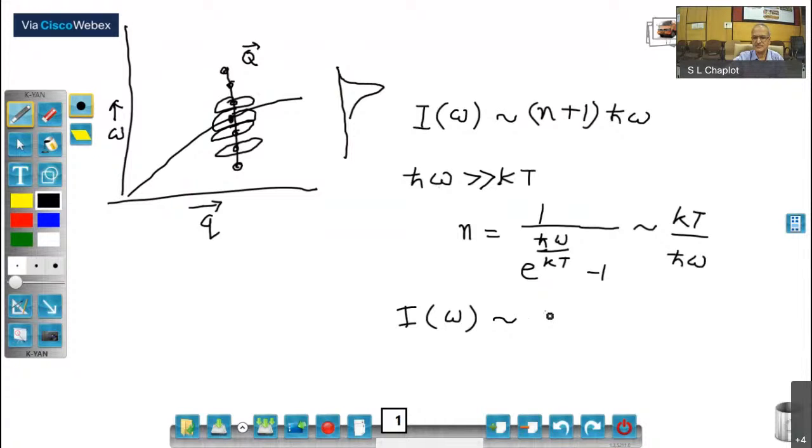So in that case, my I of omega would be proportional to temperature. No, this is n, and sorry, there is another term here. There was also an omega squared. I of omega had this term, so actually omega was in the denominator.